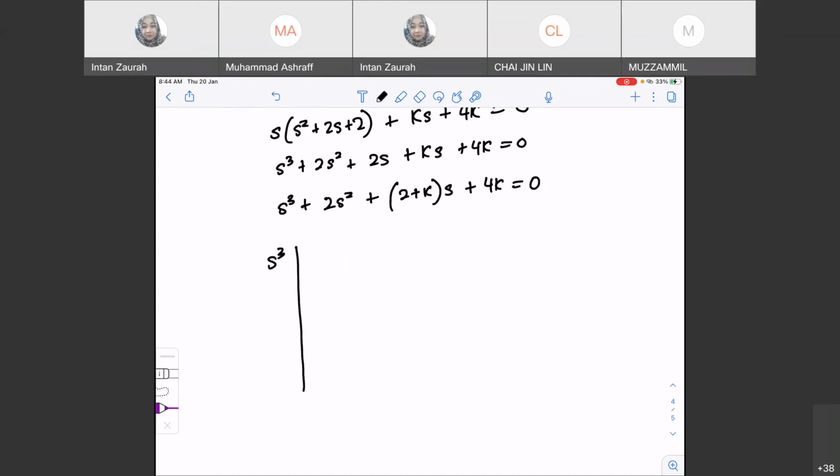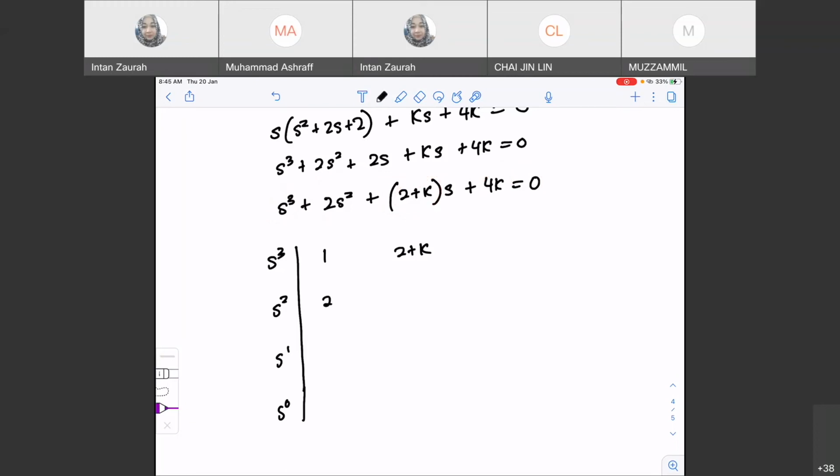Started with s to the power of 3, s cubed, then s squared, s1, and s0. So I have 1 here because of this coefficient. I will skip 2, I will go to the other one, so that's 2 plus k. Okay, and then if I skip this one, I go to the other one, there's nothing, 0 there, so I don't need to put.